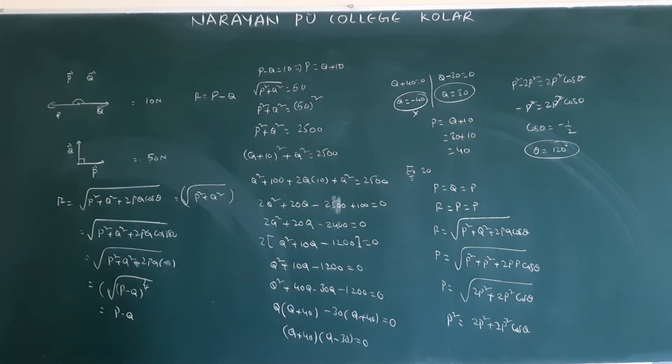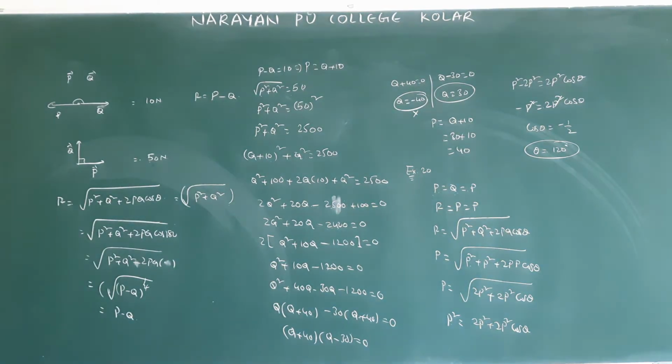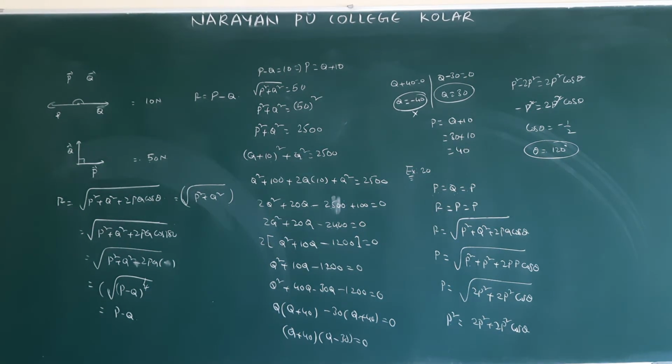Next, example 21. Example 21 is also a very important model. The resultant of two forces, one double the other in magnitude, is perpendicular to the smaller of the two forces. Find the angle between the forces. They didn't give any value, but they are asking for the angle. See the problem carefully.